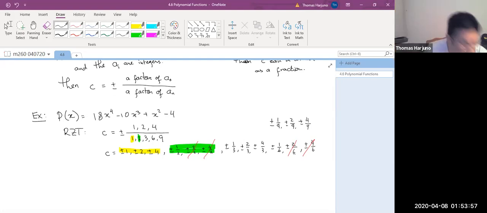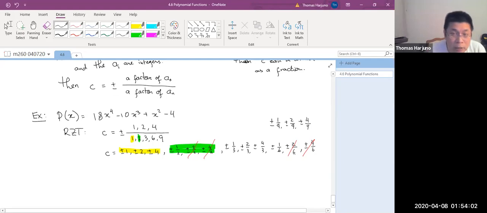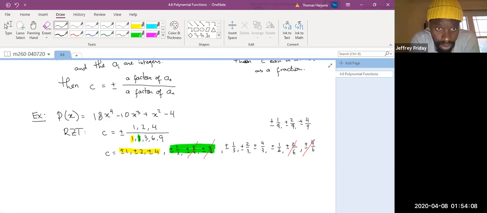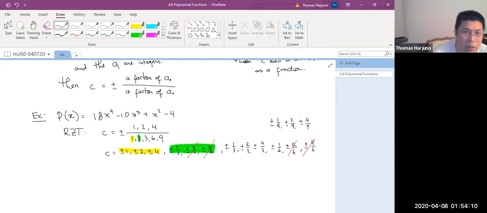Now, from this list, you see, is 3 in the list? No, 3 is not in the list, so 3 will not be a zero. 6 is not in the list, so 6 will not be a zero. 5 is not in the list, so 5 will not be a zero.